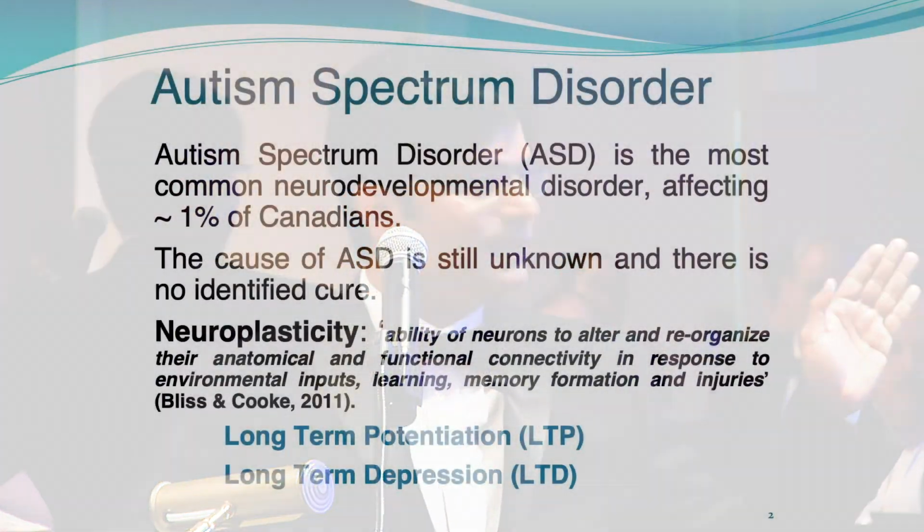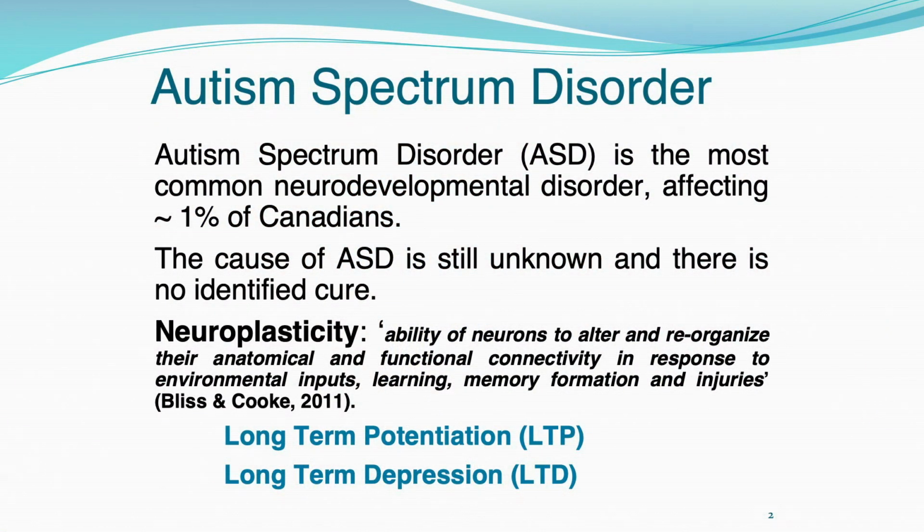So we have 2 types of neuroplasticity. This is important to understand my research, actually. One is long-term potentiation, which we call LTP, and the other one is long-term depression, which is LTD. We all know that practice makes us perfect. This is an example of long-term potentiation. This is achieved when the brain connections get stronger and stronger.